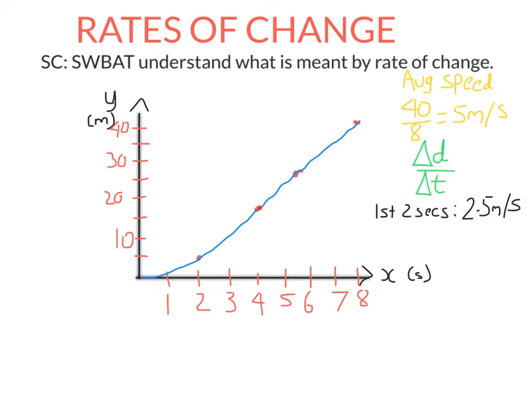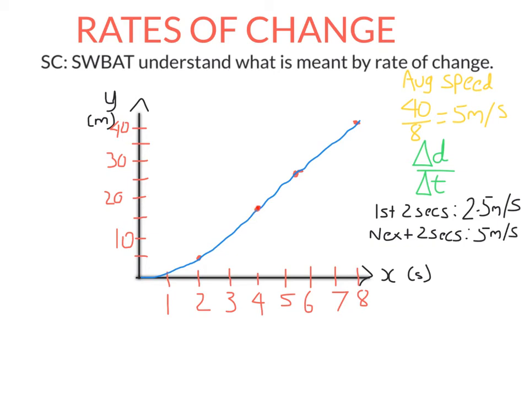Then in the next 2 seconds, they've gone from 5 meters up to 15 meters. So their speed, which is a rate of change, they've changed their distance by 10 meters in 2 seconds, so the speed would be 5 meters per second.